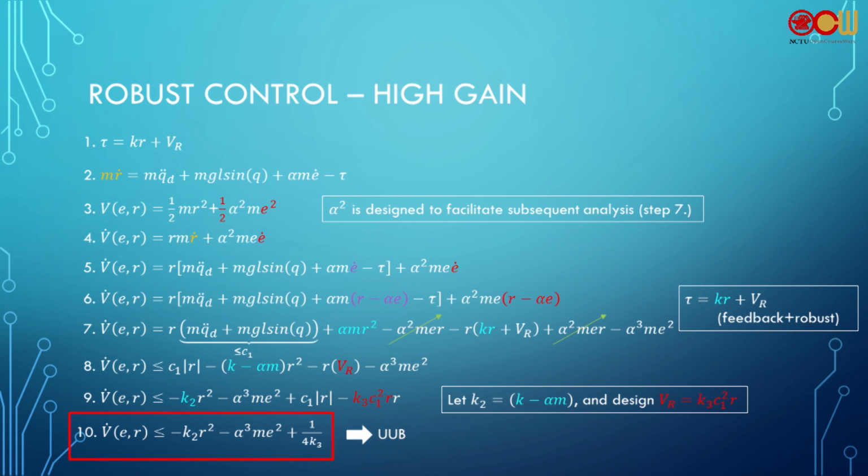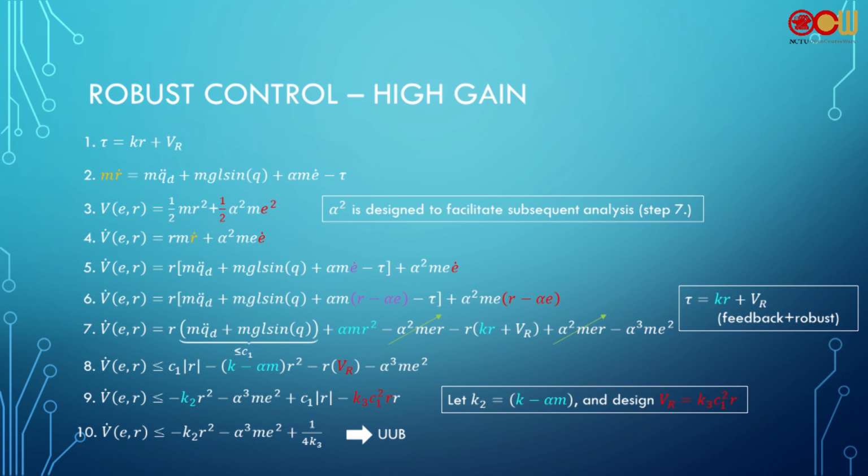So same as this. How do you interpret this? This is a constant that depends on K3. And the constant can be decreased by increasing K3. If you don't consider the third term, the first two terms can make the system negative definite, right? But when you have this term, it becomes UUB.